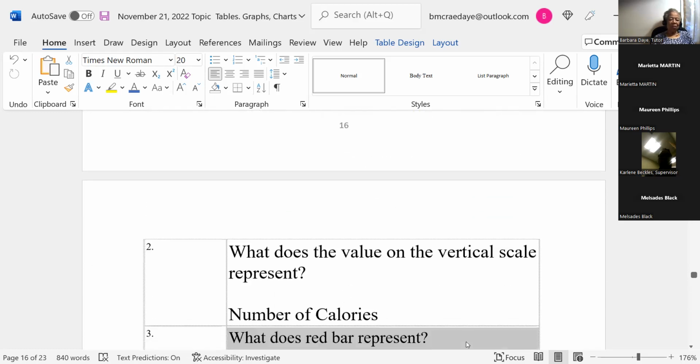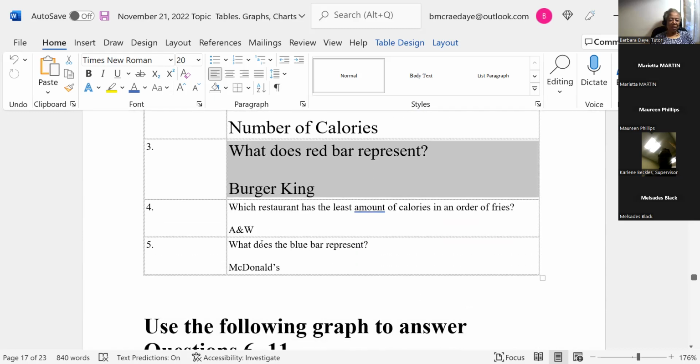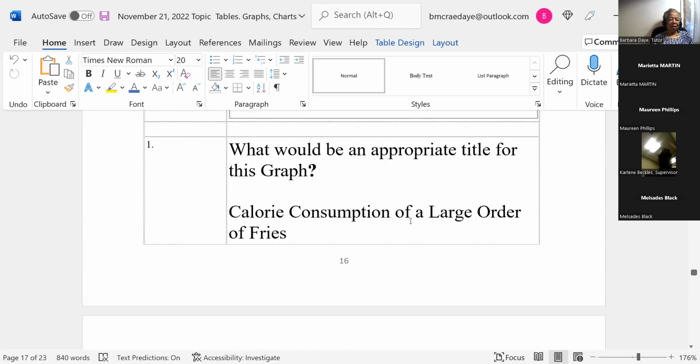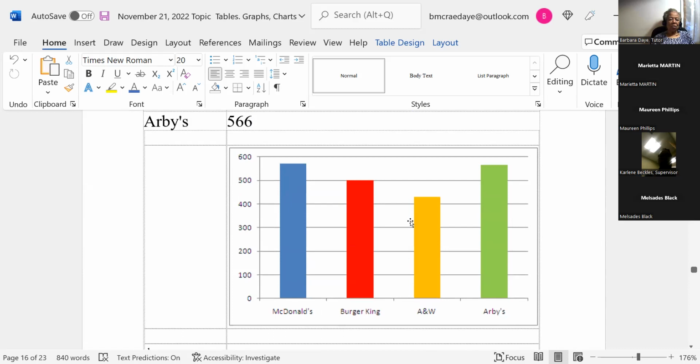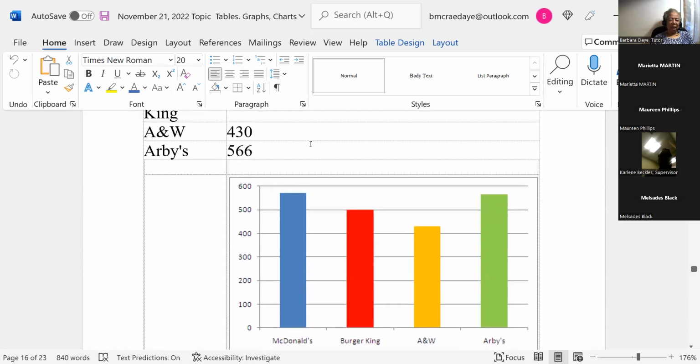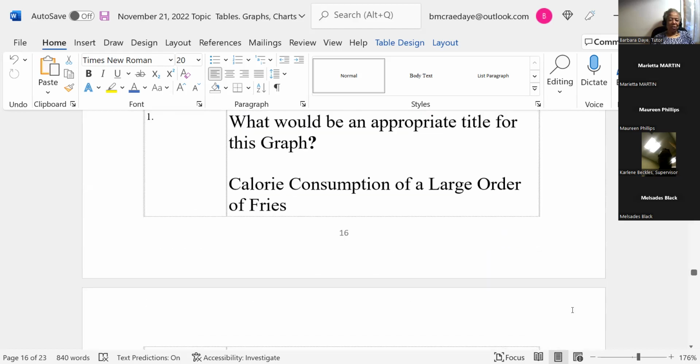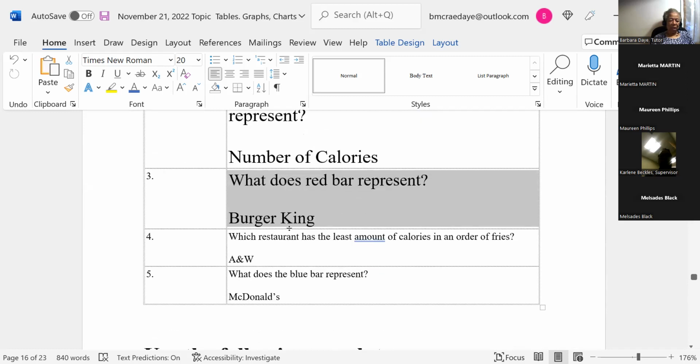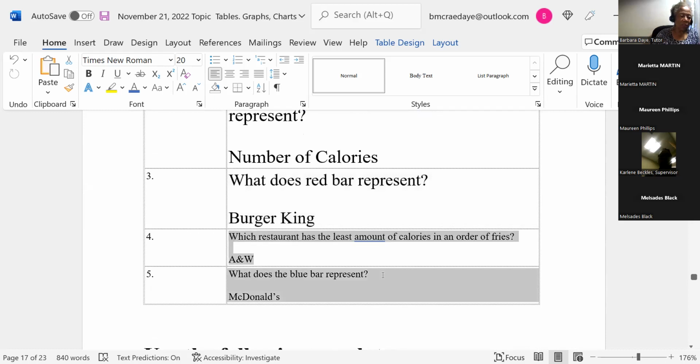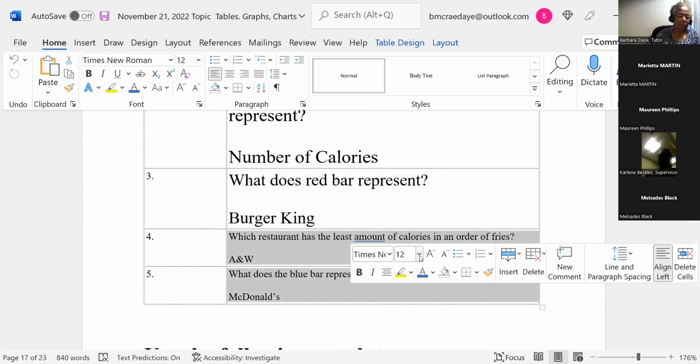So you just read it off the bar graph, right? And what does the blue bar represent? Which company? McDonald's. There we go. So when you look at these graphs, you should be able to tell what's on the vertical and what's on the horizontal.